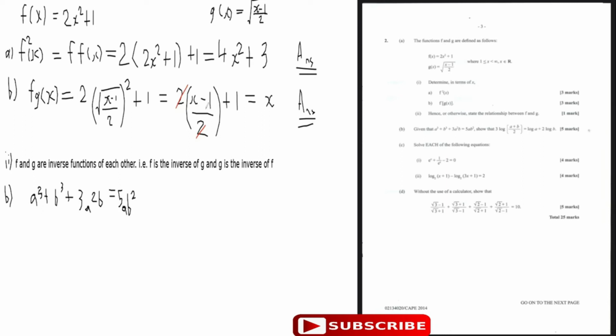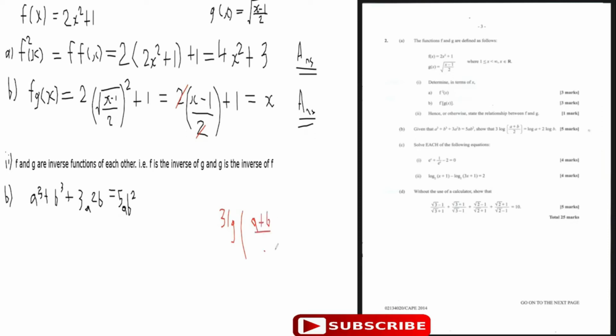Now, before we even look at this given part, I want you to first just analyze what they have. Let's write it down in red, because this is not a part of the question. This is just jottings. You have 3 log of (a plus b) over 2, right?